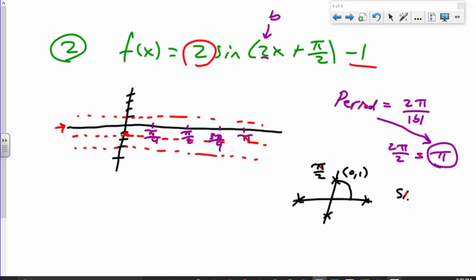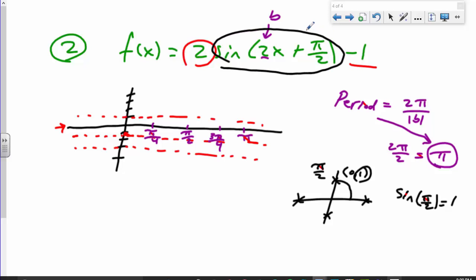So I can infer from this that the sine of pi over 2 is this y value right here, which is 1. The idea now, again, is to get this sine in my equation also equal to 1, which means whatever's inside of here must equal pi over 2. So now I'm going to say 2x plus pi over 2 is equal to pi over 2. I will solve this equation for x.